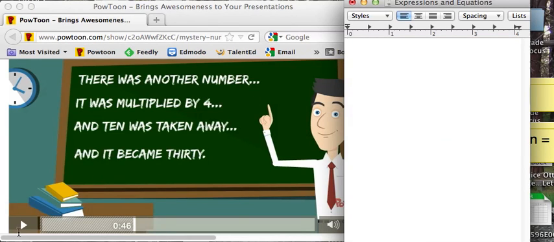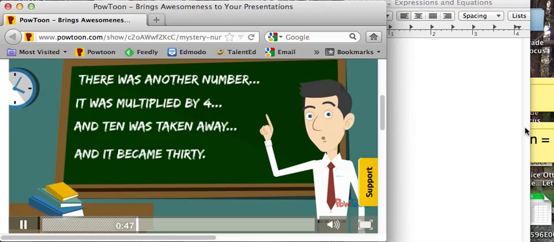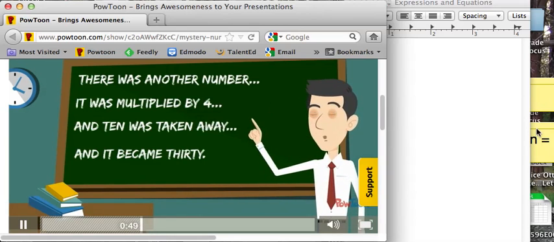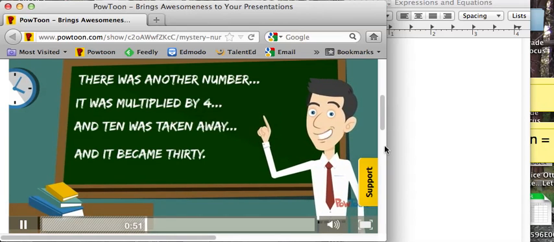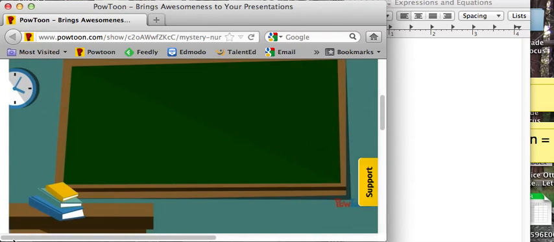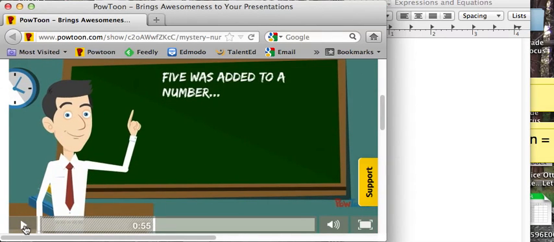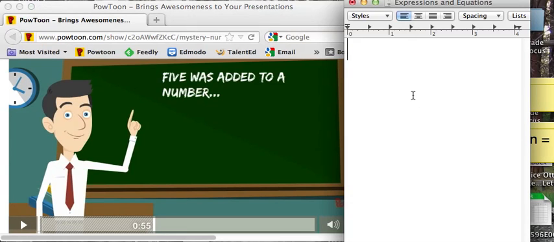Let's try the next one. Five was added to a number, so we have to start with let n equal a number. And then we have to write an equation, or excuse me, an expression, n plus 5.